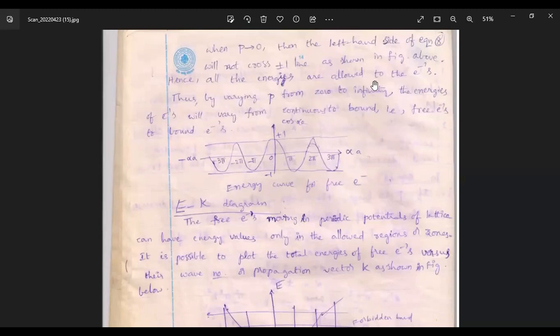Hence all the energies are allowed to the electrons. Thus, by varying P from 0 to infinity, the energies of electrons will vary from continuous to bound, that is, from free electrons to bound electrons.